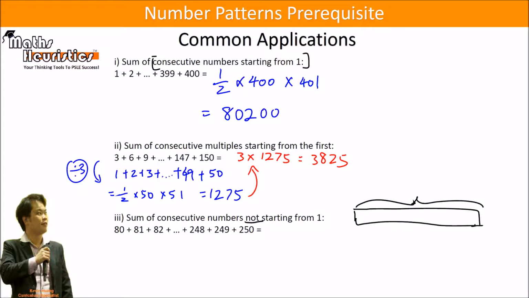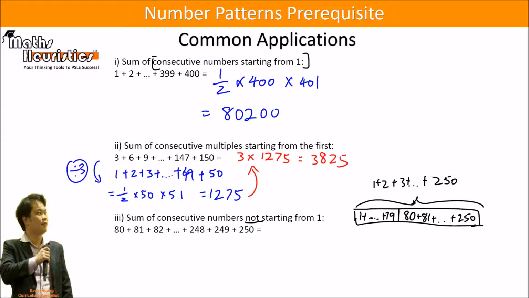We'll see that the total here is 1 plus 2 plus 3 all the way until 250. But the terms that I want is the sum of 80, 81 all the way up to 250. So I'll need to chop off this tail, which is 1 plus 2 plus 3 all the way up to 79. So I'll find out the total first.